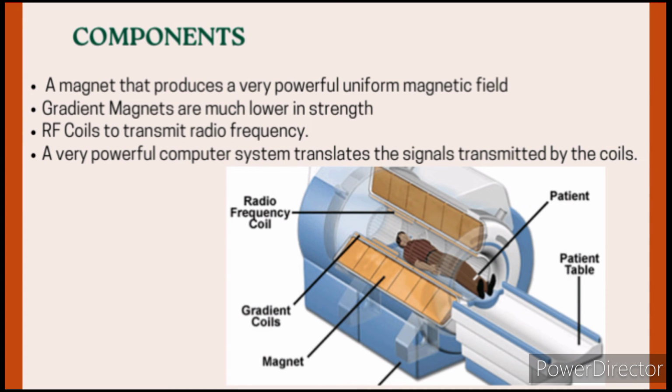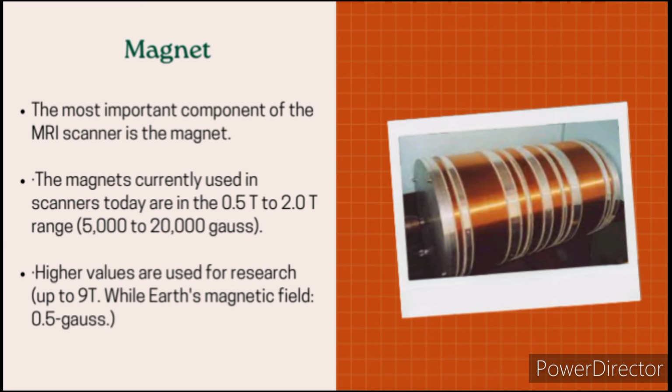Components: a magnet that produces a very powerful uniform magnetic field; gradient magnets, which are much lower in strength; RF coils to transmit in radio frequency; and a very powerful computer system to translate the signals. The most important component of the MRI scanner is the magnet.